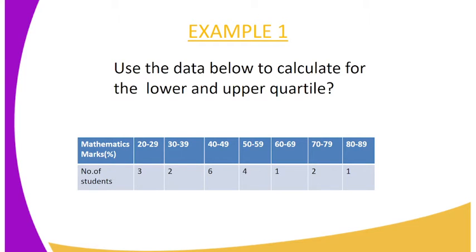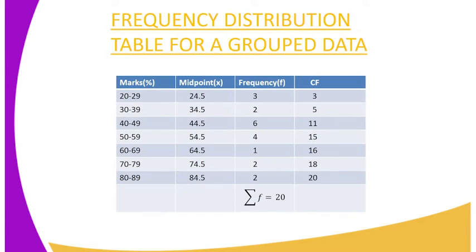Those students who scored between 20 to 29 were 3, 30 to 39 were 2, 40 to 49 were 6, 50 to 59 were 4, 60 to 69 was 1 student, 70 to 79 were 2 students, and finally 80 to 89 only 1 student. After that, you are supposed to come up with a table.